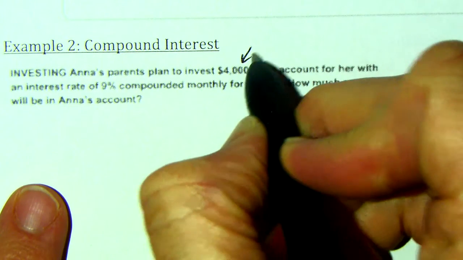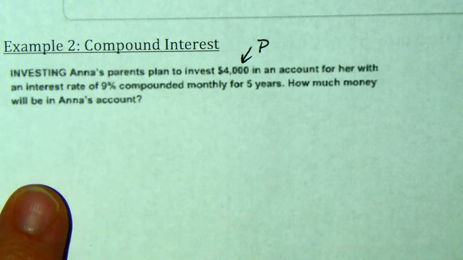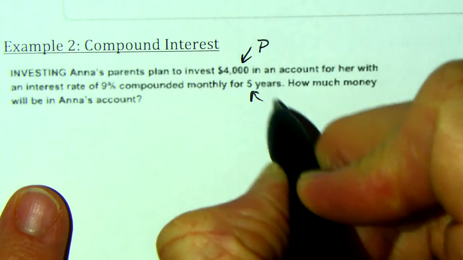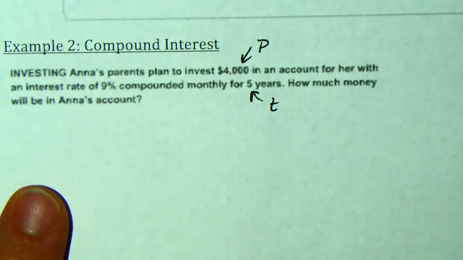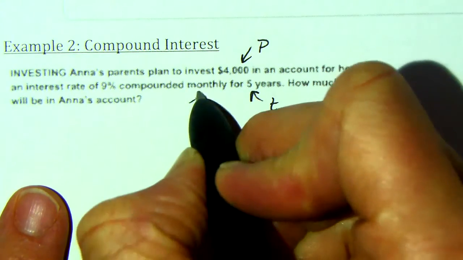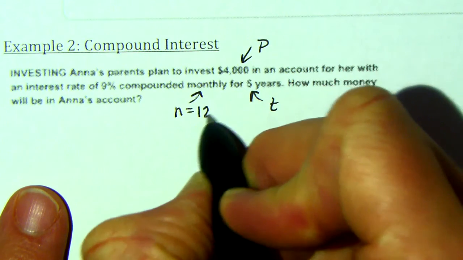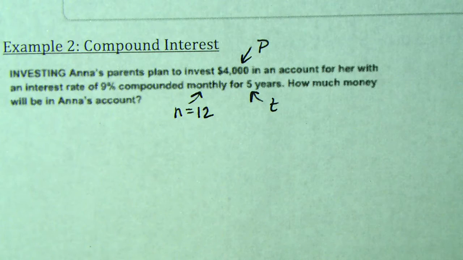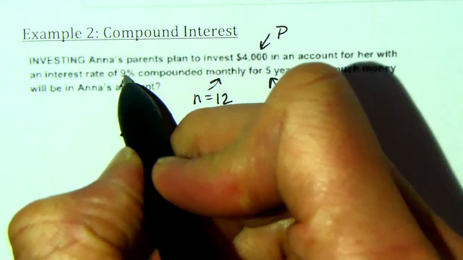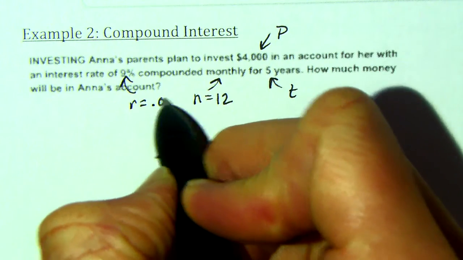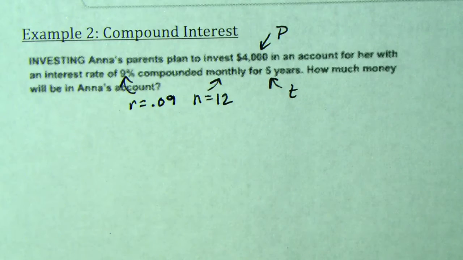Right here, 4,000 is our principal. 5 years, that's our T, how many years. If it's compounded monthly, then N is 12, 12 times in a year that it's compounded. And then our rate is going to be 0.09.